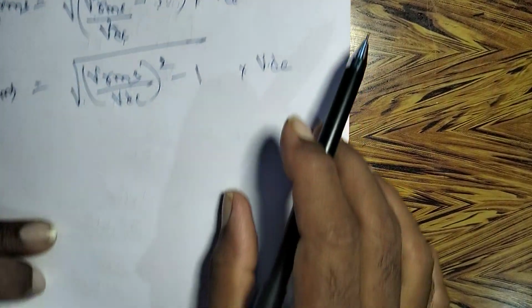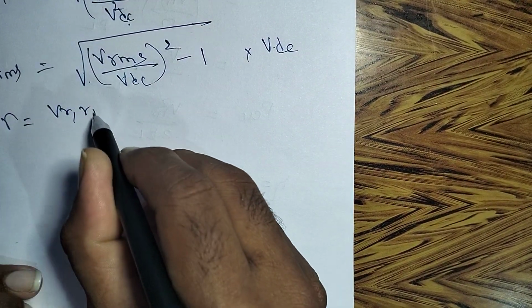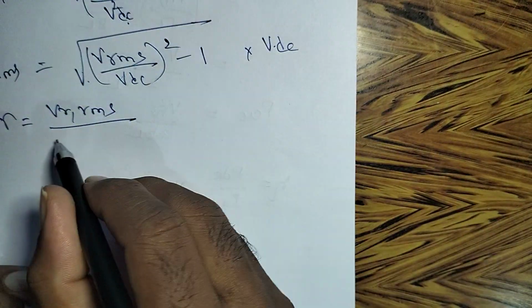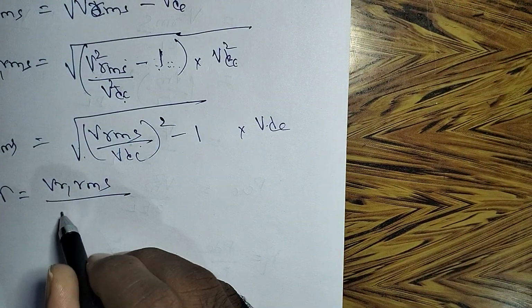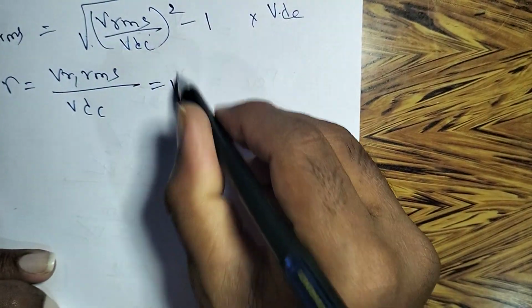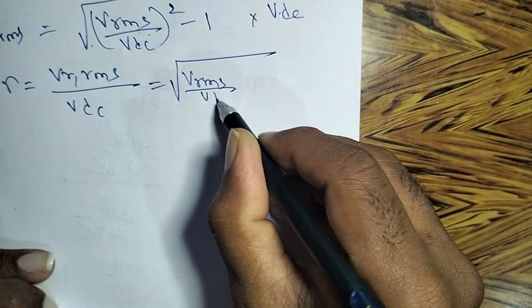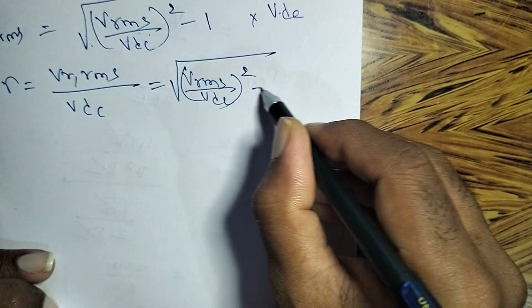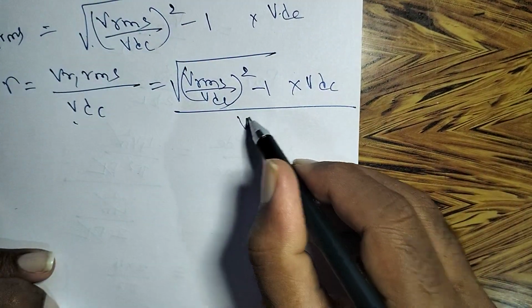Now substitute this value in that expression. Ripple factor equals VR RMS divided by VDC. What is the VR RMS value? Square root of VRMS divided by VDC whole square minus 1, into VDC, divided by this VDC.